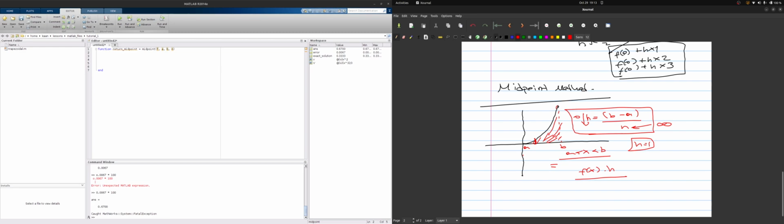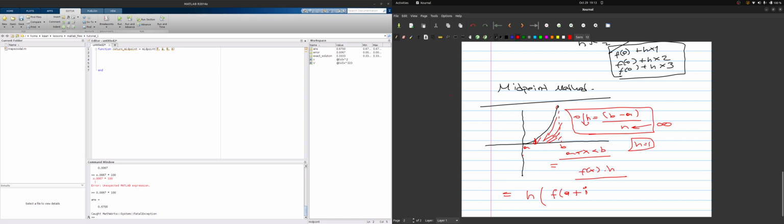So how do we actually demonstrate this? We have h and we have f. At every point we multiply by h. But at this point we have something different here: fa plus I.